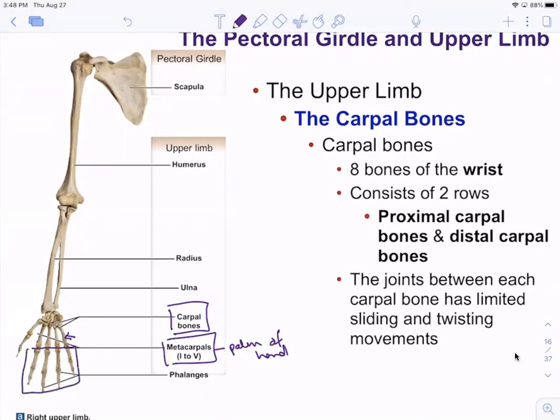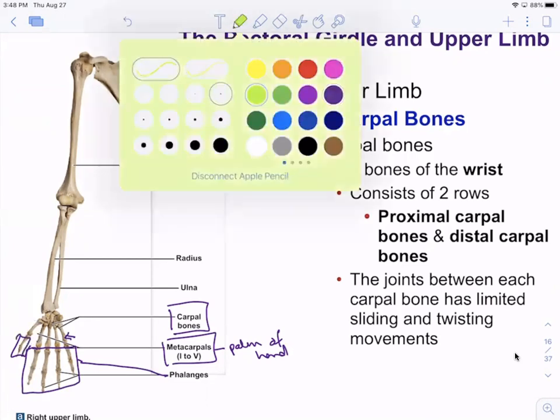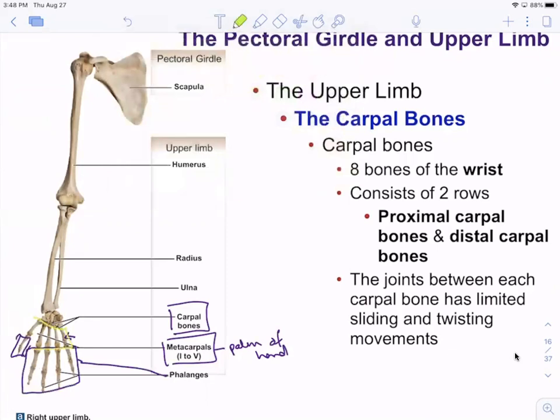So these right here are all your phalanges. Oh, whoops, I included the metacarpal in there. My bad. There you go. Those are phalanges. Metacarpals are these. And then the carpals are these.